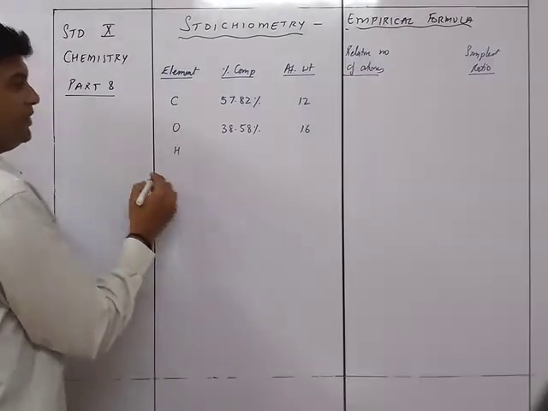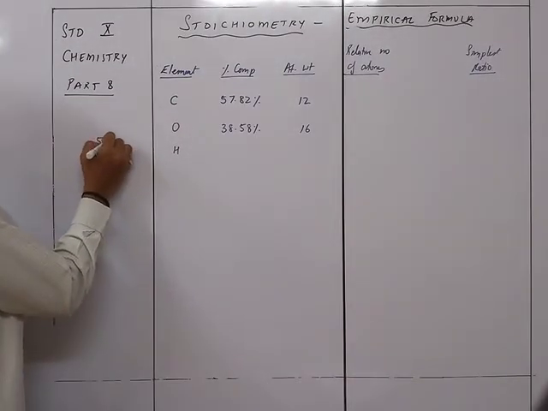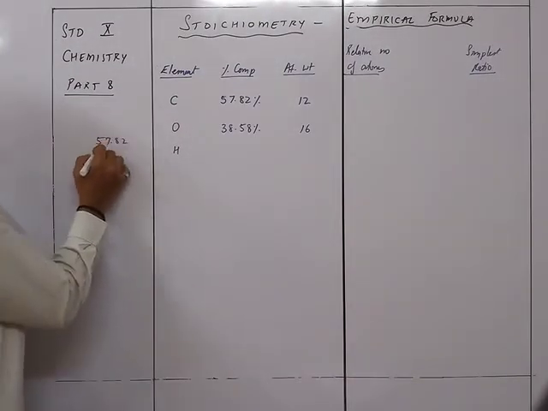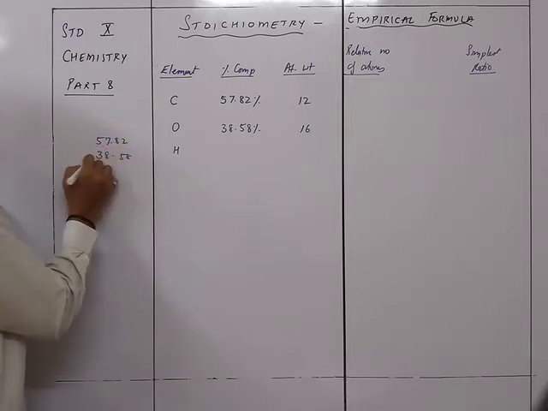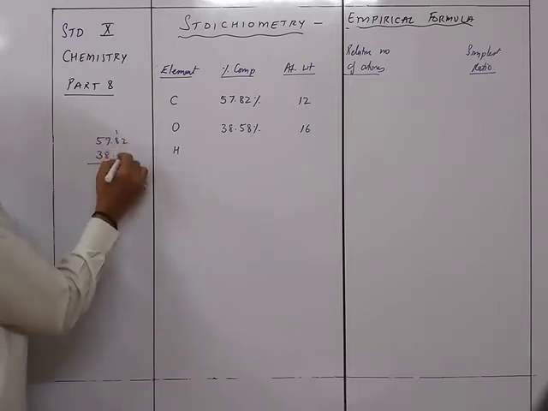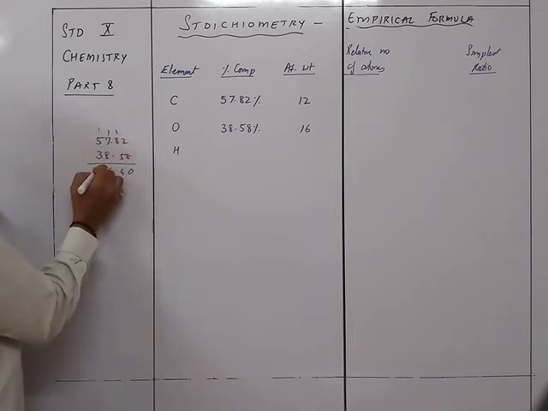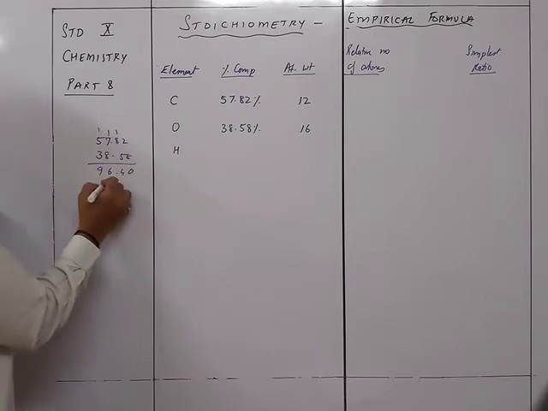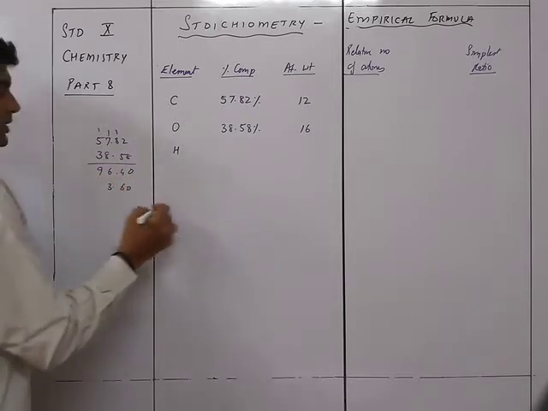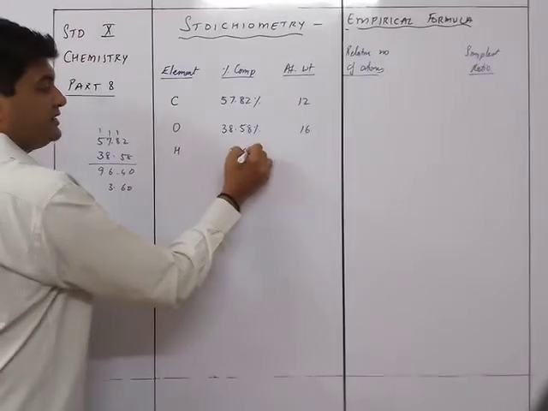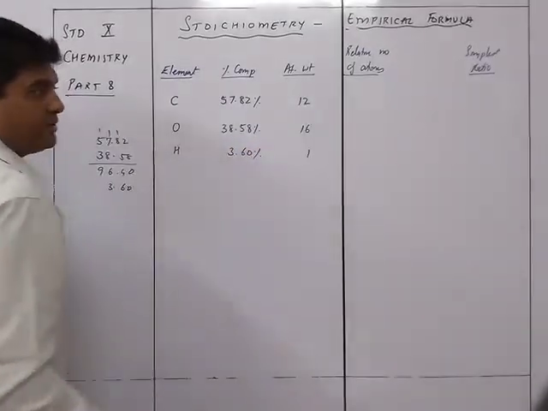So first of all we will add 57.82 plus 38.58. This gives 96.40. So 100 minus 96.40 will be 3.60. So 3.60% is hydrogen.